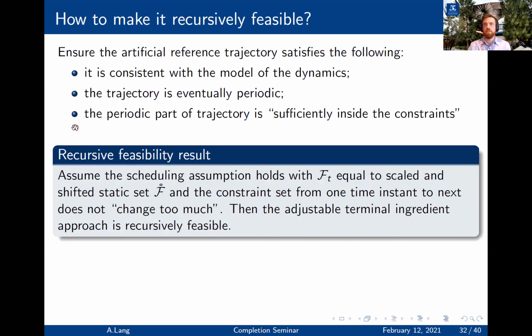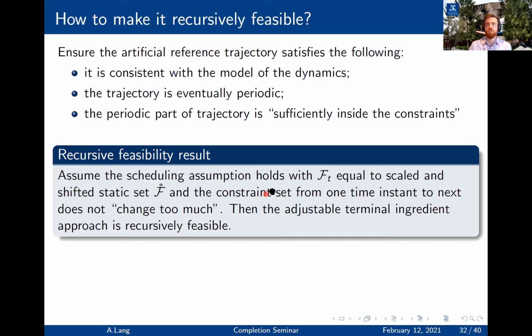So this allows us to state the recursive feasibility result, which is: assuming the scheduling assumption holds with the end of preview set equal to the scaled and shifted static set, as we just described how we're selecting it, and the constraint set from one time instance to the next does not change too much, then the adjustable terminal set approach is recursively feasible.